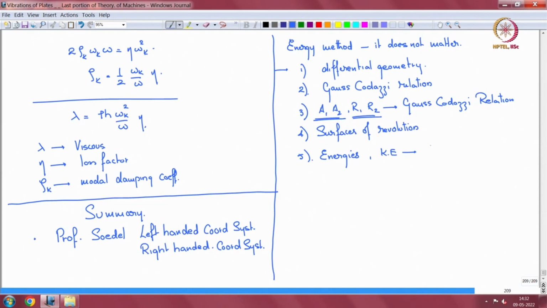Using Hamilton's law, we proceeded and gave the most general form of dynamical equations. You can use symbolic software to punch in all these equations, and the moment you plug in A1, A2, R1, R2, you will get the specific form of equations.